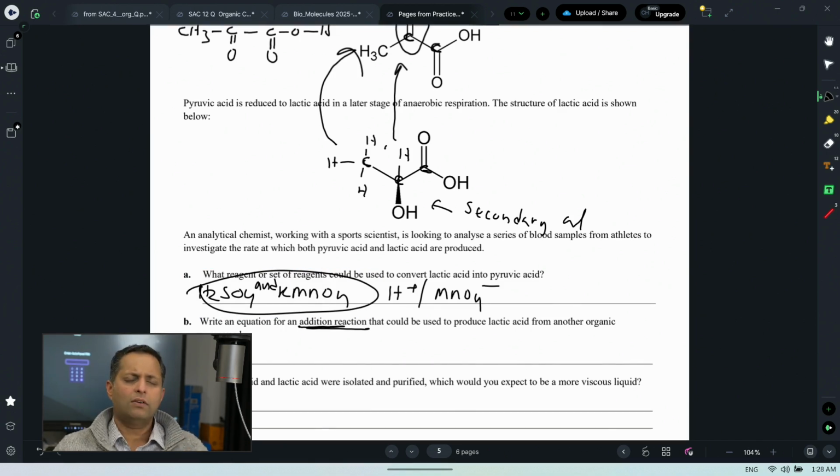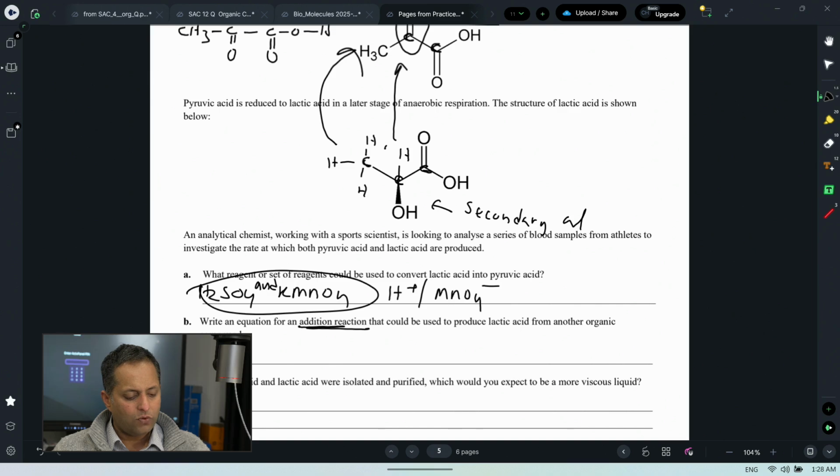What type of molecules undergo addition reaction? You know that it has to be an alkene. So you want to come up with the alkene that is going to become lactic acid.